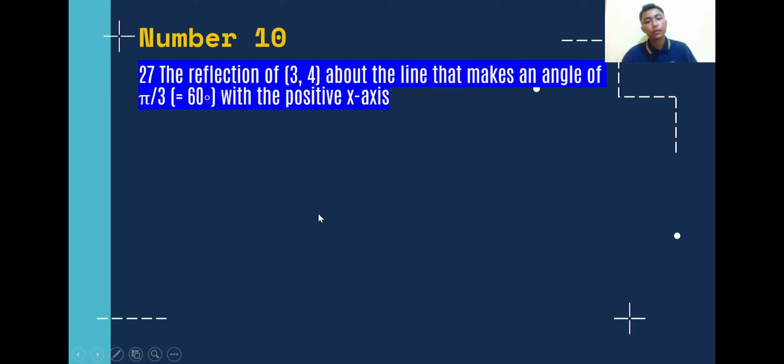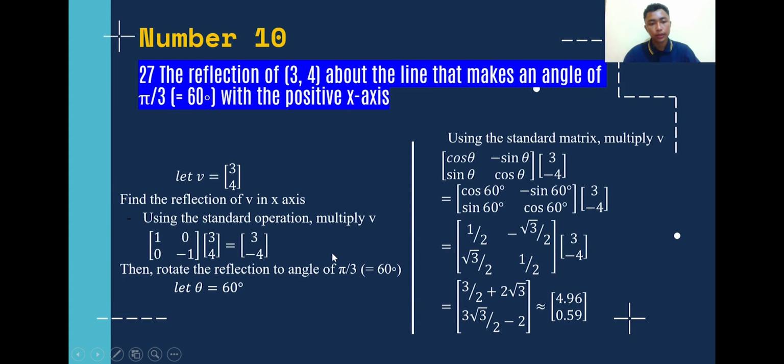It is in two dimensions because of (3,4), and the result is like this. Like I said before, this is the formula we use in the rotation. In the reflection.